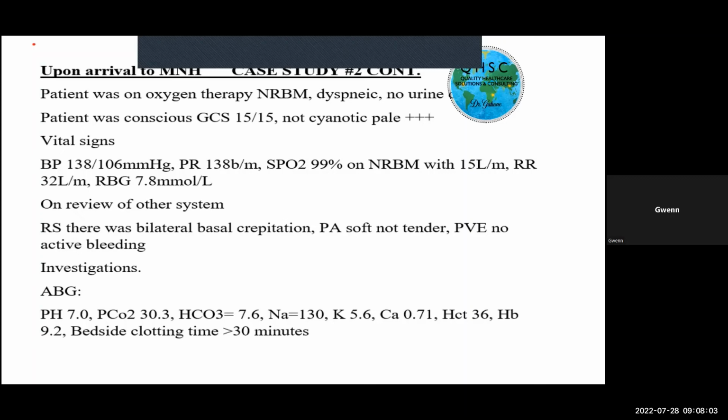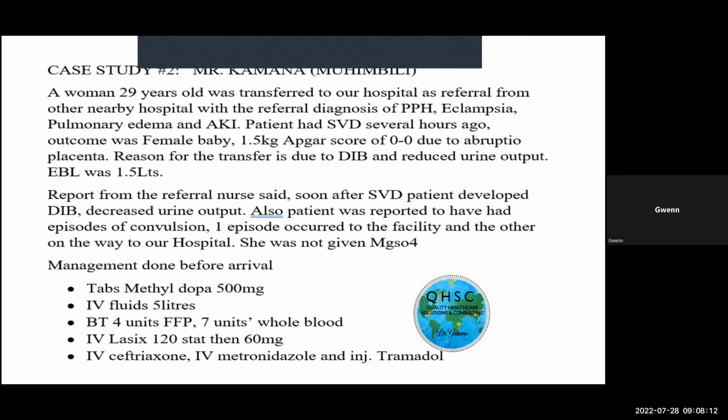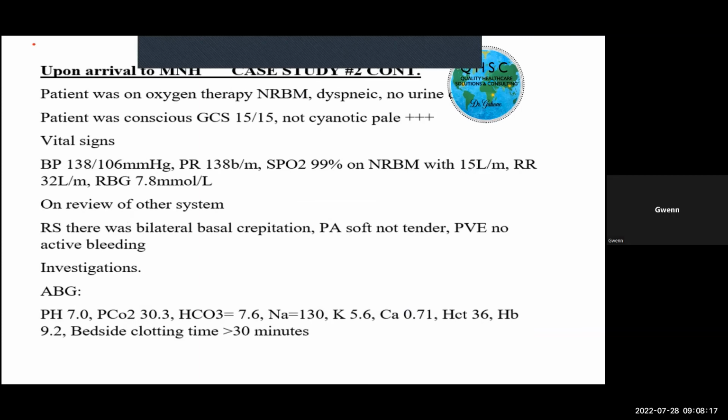But in the first opening, it says she was on oxygen, non-rebreather, but she was dyspneic. So my concern is she's having difficulty. Respiratory rate is 15. She's on 15 of a non-rebreather? Yeah.